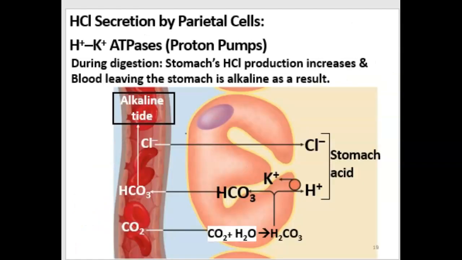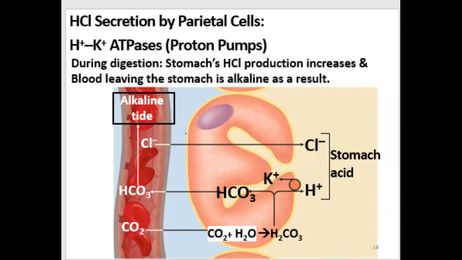Okay, the next thing I wanted to show you is how hydrochloric acid secretion is achieved by the parietal cell. So the orange cell here is a parietal cell. I'll put a big P on it. Okay, and it has these pumps, which is a round red circle.